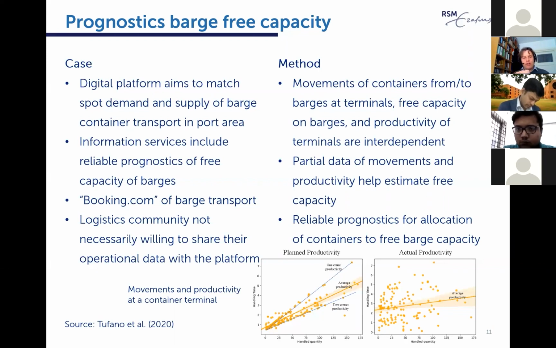So we looked both at the rationale of how barges are being rotated in the port, but also how productive the different terminals are, and that allowed us to come up with a reasonably reliable prognostics based on not too much data.